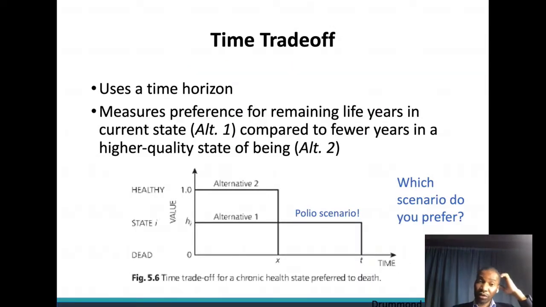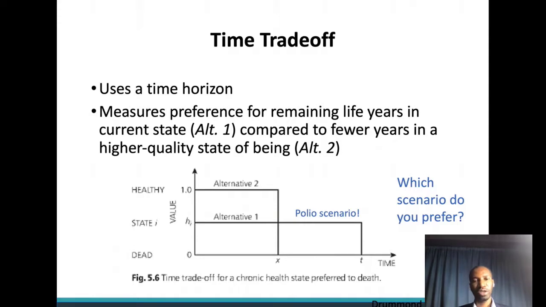So this brings us to time trade-off, which uses time horizon, and it measures preferences for the remaining life years in the current state, which could be, for instance, alternative 1 in the diagram, compared to fewer years in a higher quality state of being, which may be alternative 2. And then we ask the respondents which scenario they prefer. So in the diagram here, alternative 1 could be that you have polio.